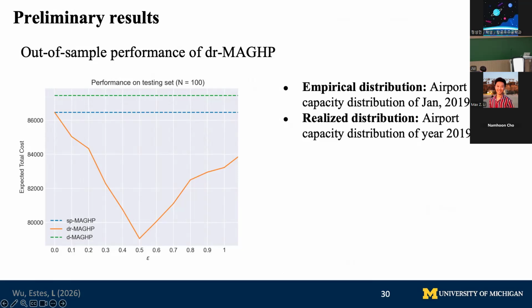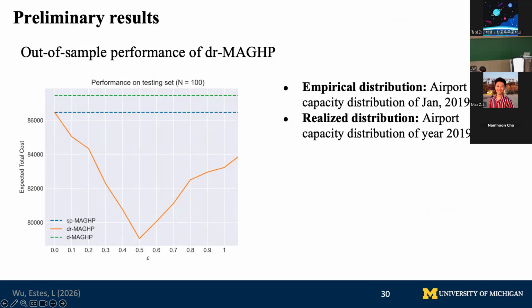That's where this cost decreases. It's basically that the machine learning was a little bit overly optimistic. The actual conditions were a little bit worse than what it predicted. So as you expand this ball, you're capturing worse distributions that you're optimizing against. And so you tend to behave a little bit more conservatively. And that's good, because you're avoiding all this airborne delay. So that's why the cost decreases up to a point.